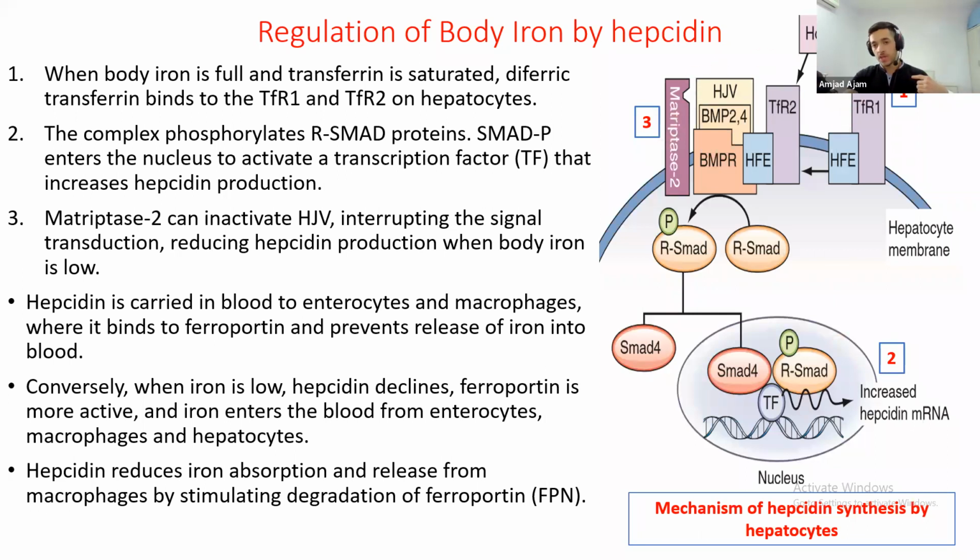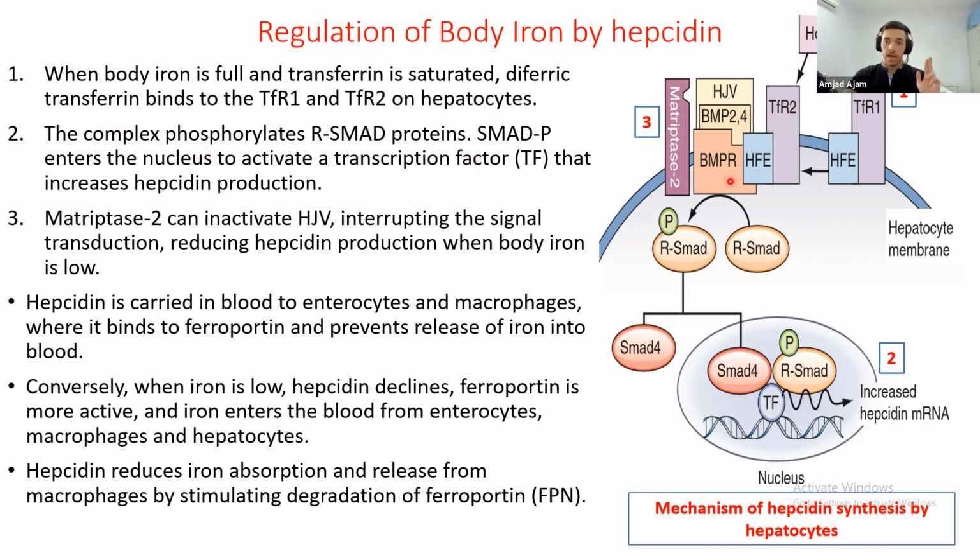The more the holotransferrin, the less the matriptase, and vice versa. Everything is also written in the text. When body iron is full and the transferrin is saturated, here you go, here the holotransferrin. The diferric transferrin binds to the receptors TFR1 and R2 on the hepatocytes.